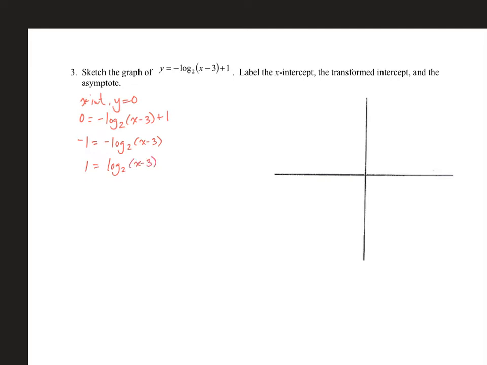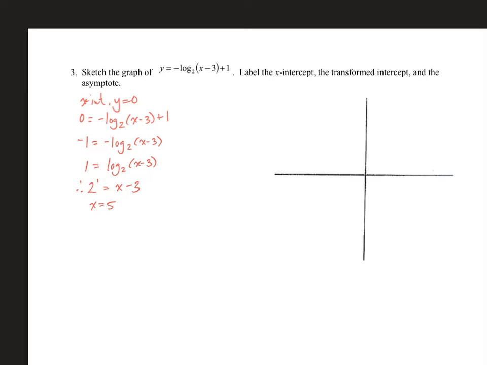Anytime I have a log equal to a number, I'm going to change that to exponential. So 2 to the exponent 1 is going to give me x minus 3. And then I can calculate and get my x value of 5. So there is my new x-intercept on my graph.